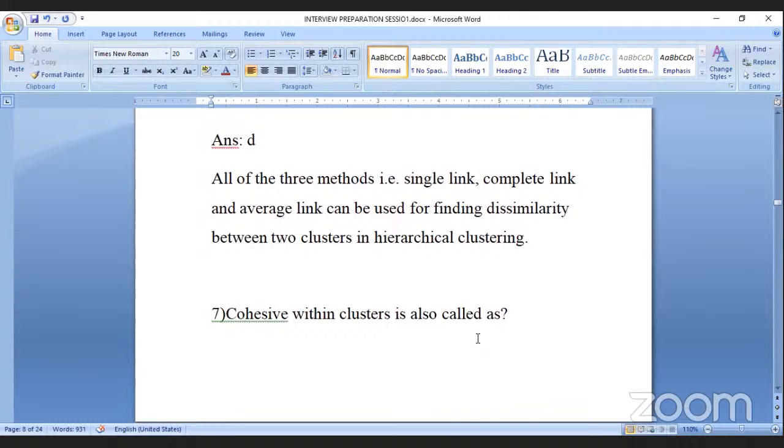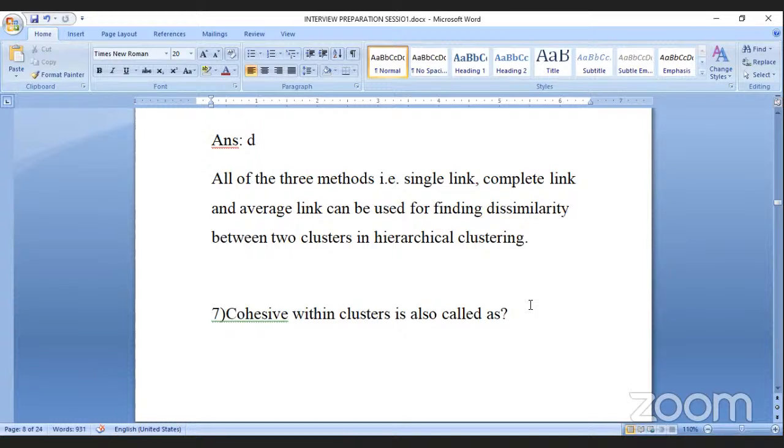So the seventh question is, cohesive within cluster is also called as dash. Cohesive within clusters. Any guess? Any answers? Any answers are welcome, friends.